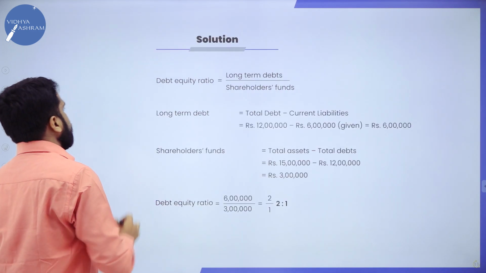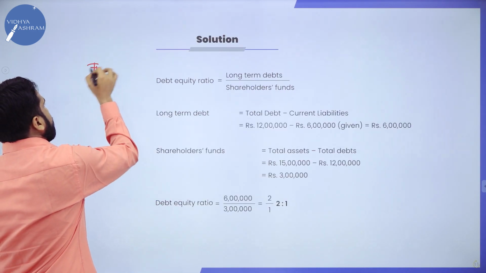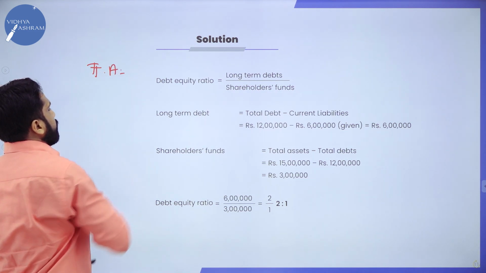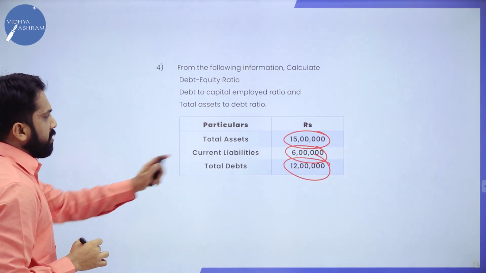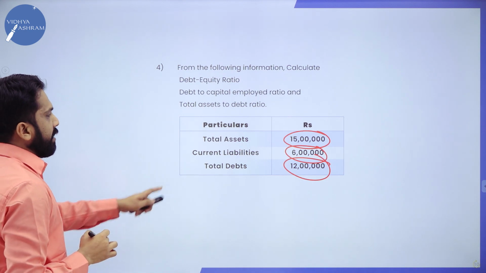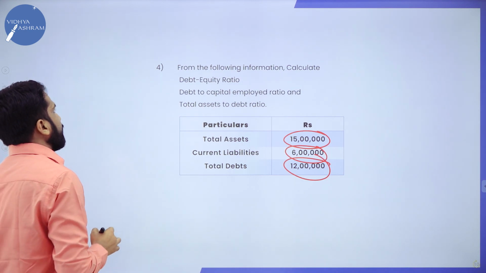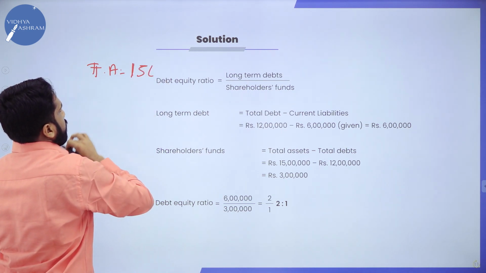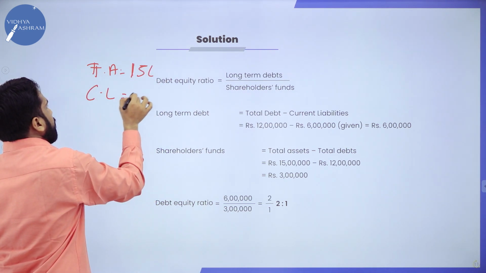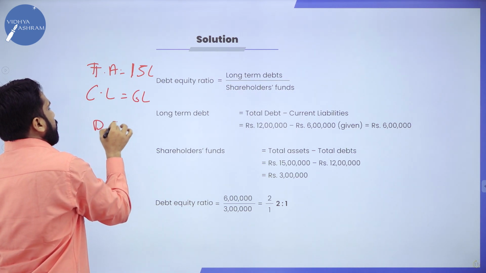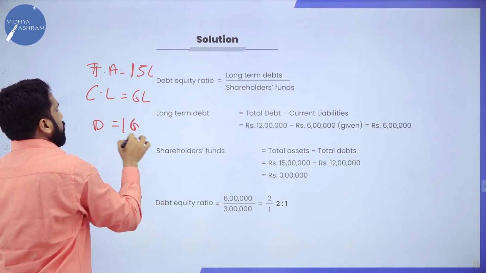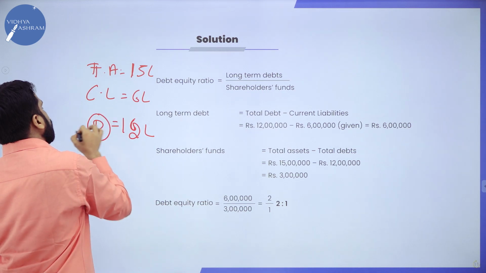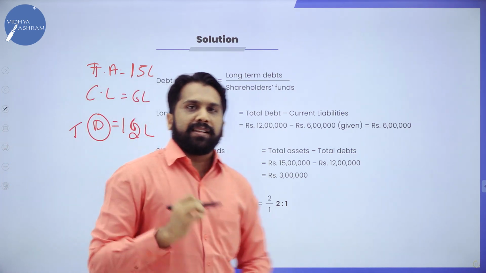Now, what is your total asset? 15 lakh, current liability 6 lakh and debenture 12 lakh. Your total debenture is 12 lakh.